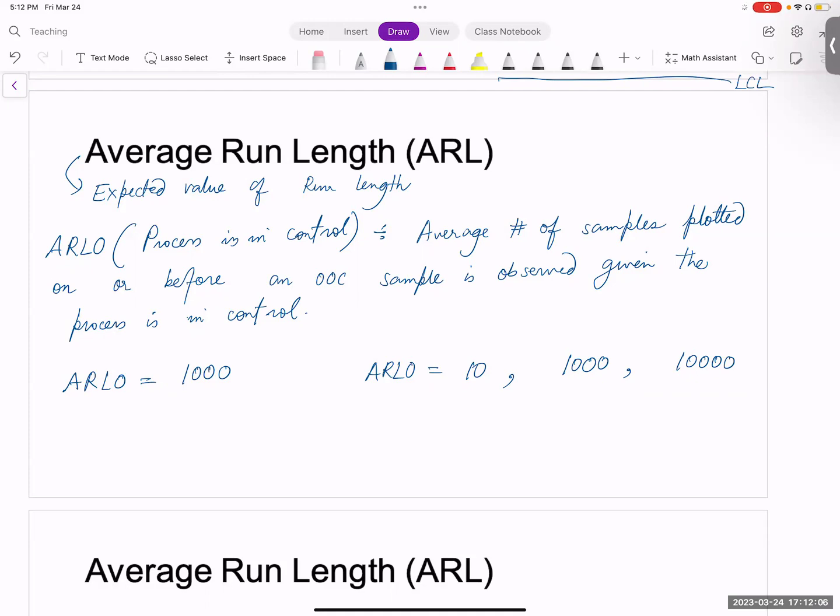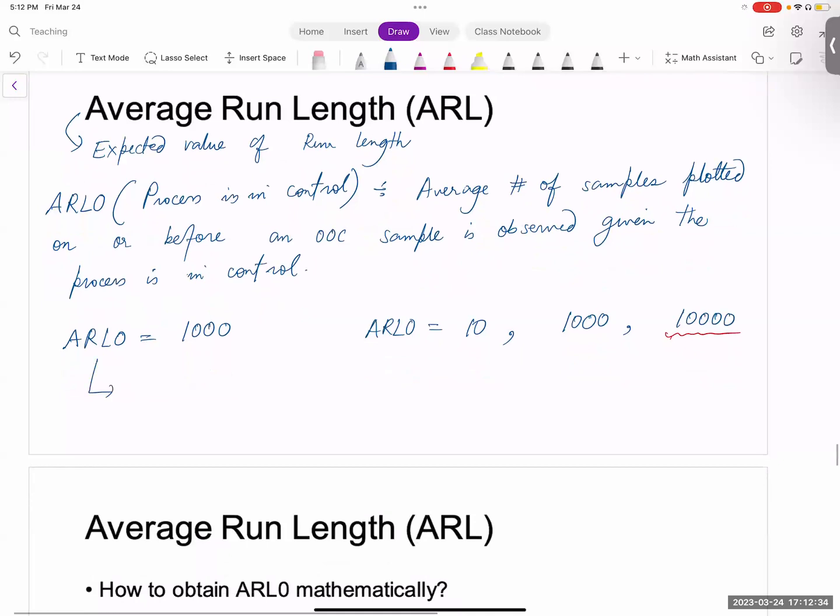In the second one, we're going to observe 1 out of control sample on average for every 1,000 samples plotted. And in the third one, we're going to observe 1 out of control sample for 10,000 samples that I've plotted. So you can see clearly here, we would always prefer to have the higher value of ARL 0, right? Because we want fewer and fewer out of control samples when the process is in control, right?